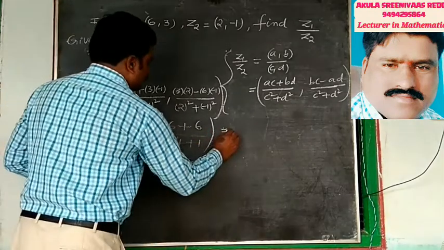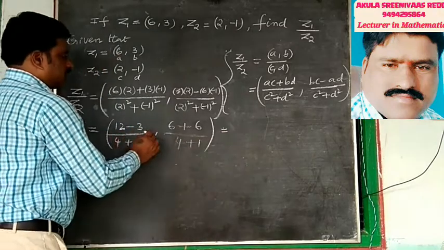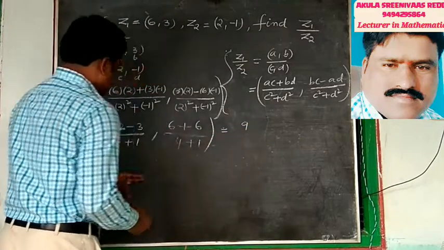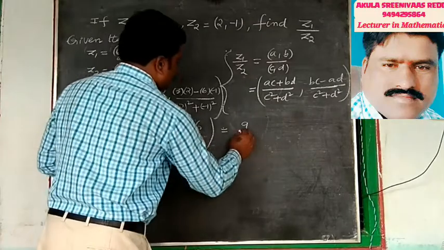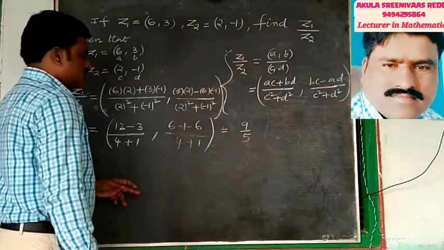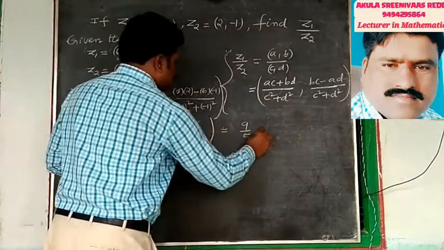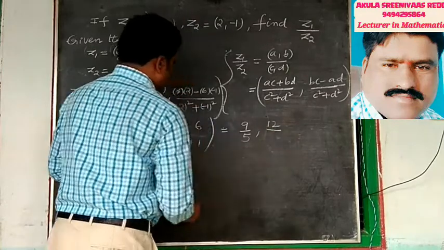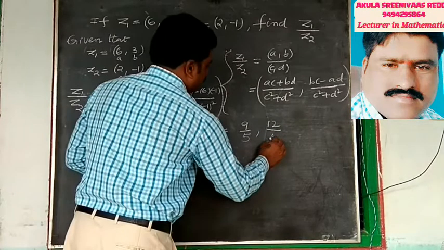That is equal to 12 minus 3, that is 9, by 4 plus 1, 5, 6 plus 6, 12, by 4 plus 1, 5.